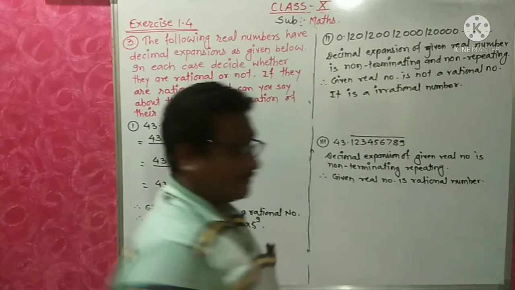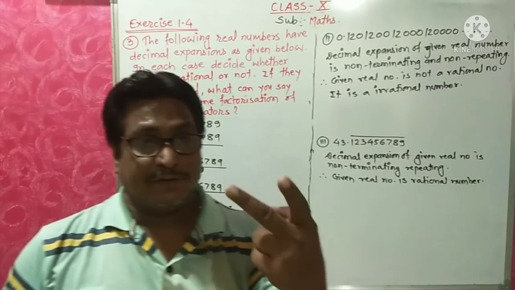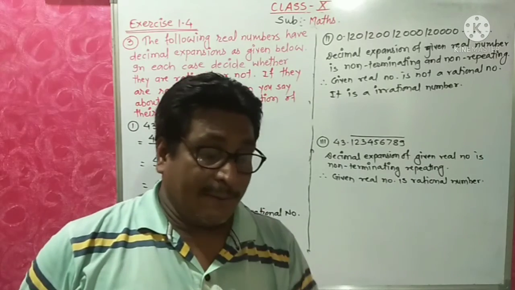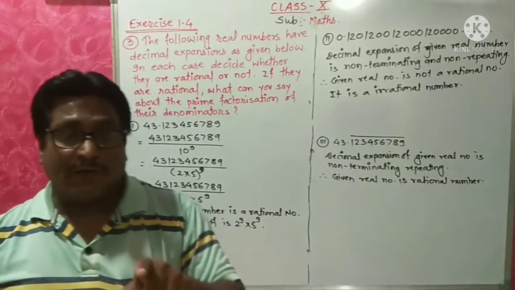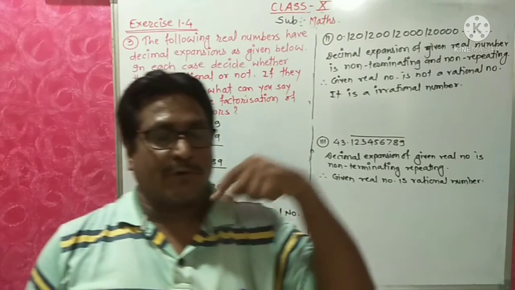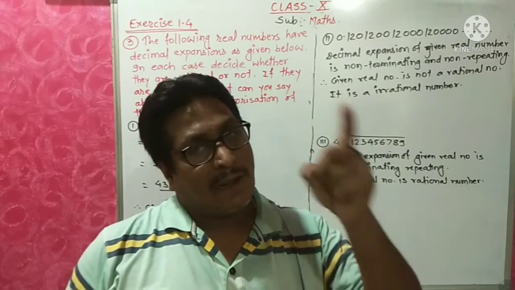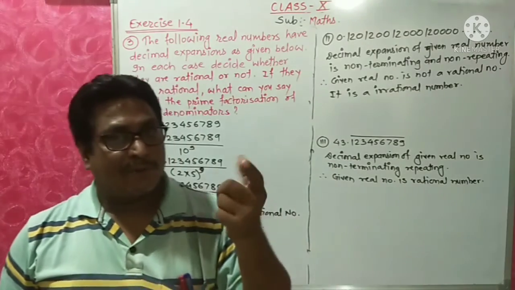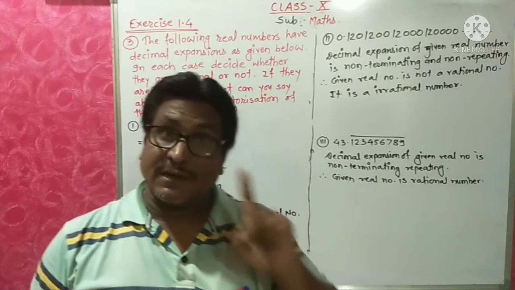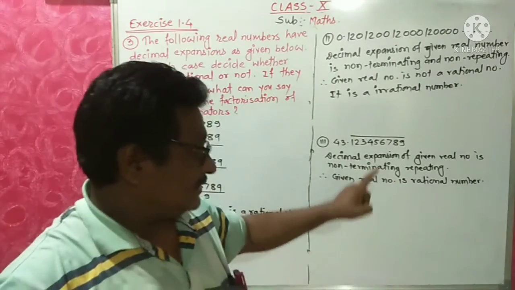So in rational numbers, we studied 2 points. If the denominator is in the form 2 raised to the power n and 5 raised to the power m, then it is terminating. But this is non-terminating.